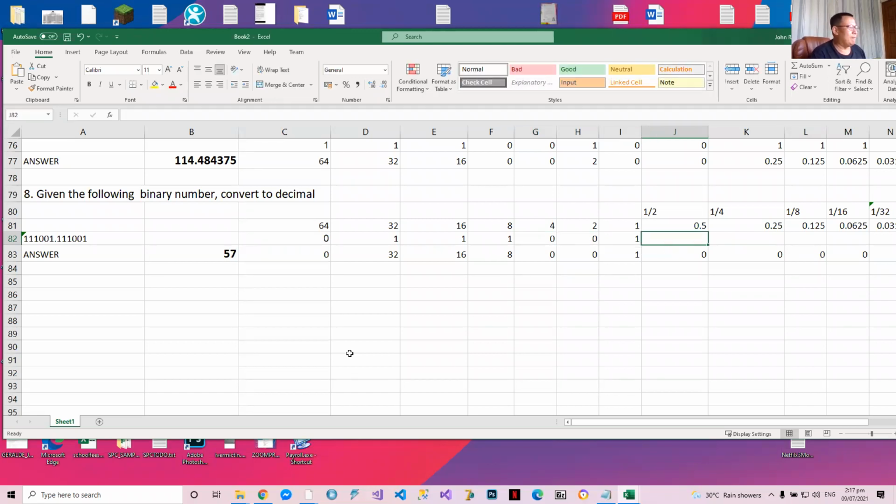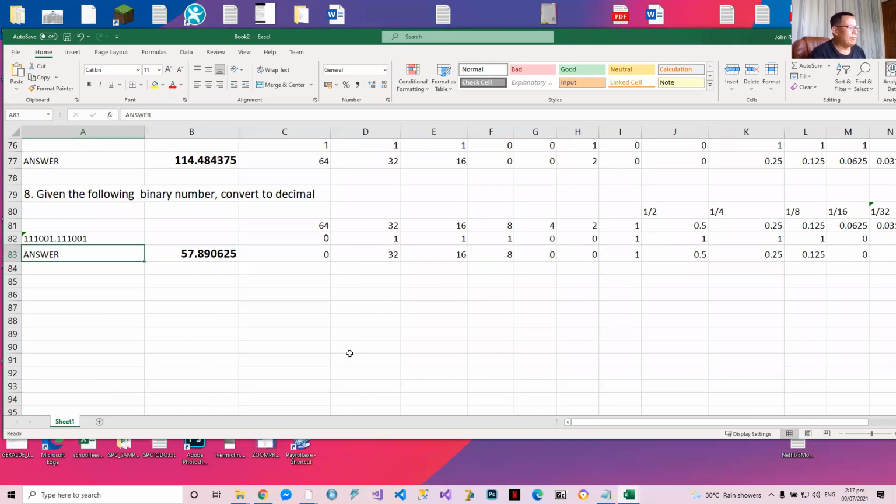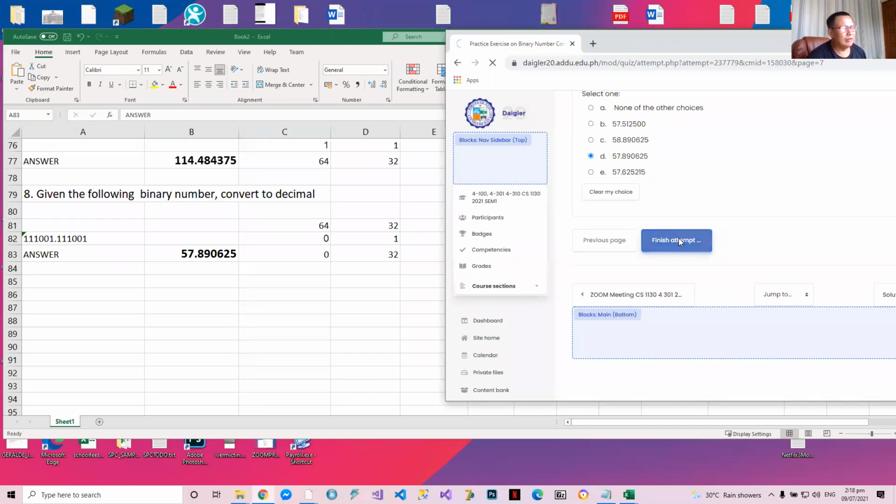Okay, that's 57. And then we have 1, 1, 1, 0, 0, 1. Okay. 57.890625. This is the correct answer. We have finished the attempt.